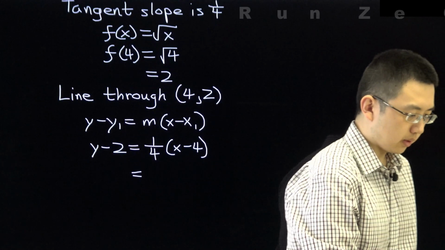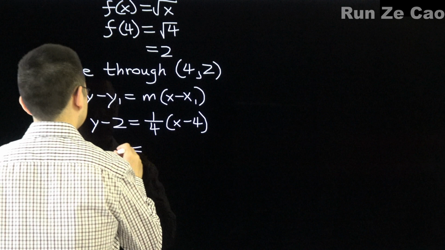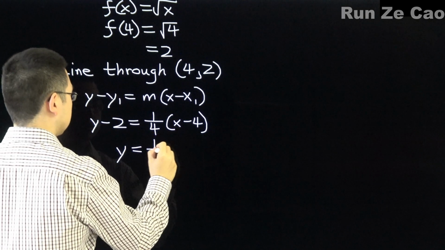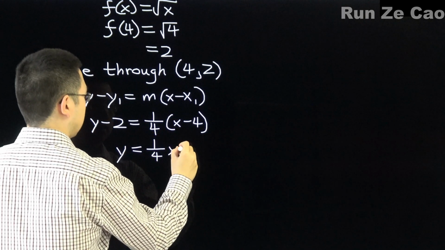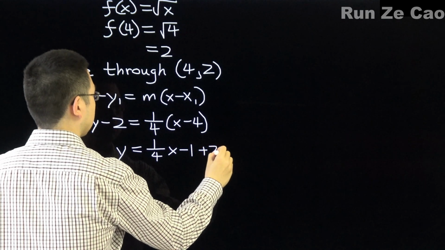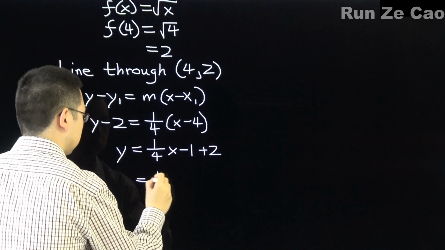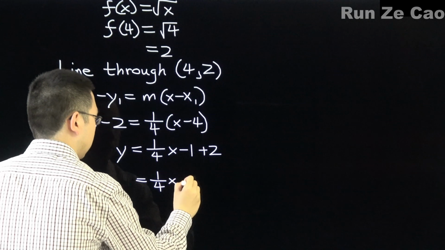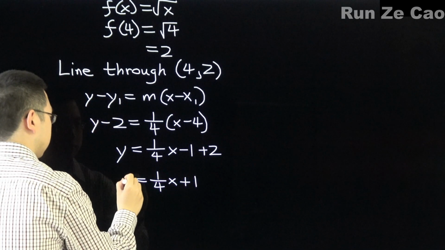So we end up with y equals 1/4 x minus 1 plus 2. So 1/4 x plus 1.